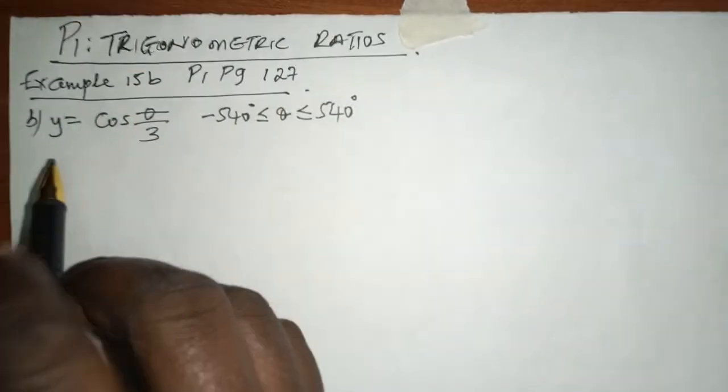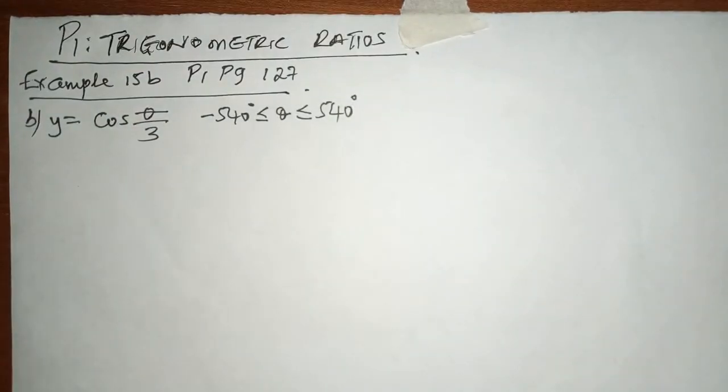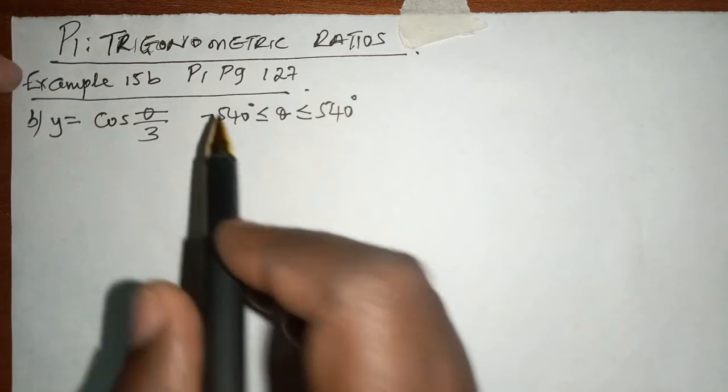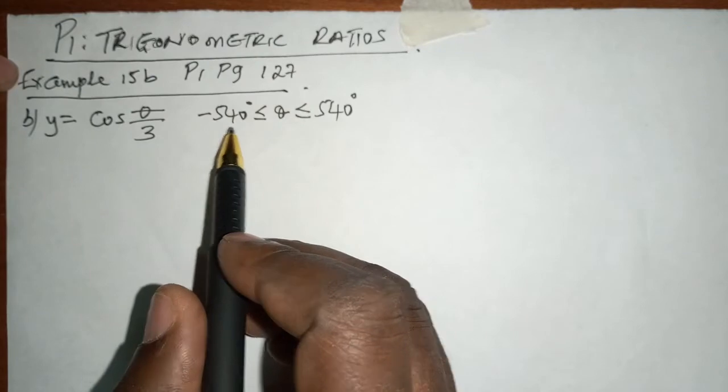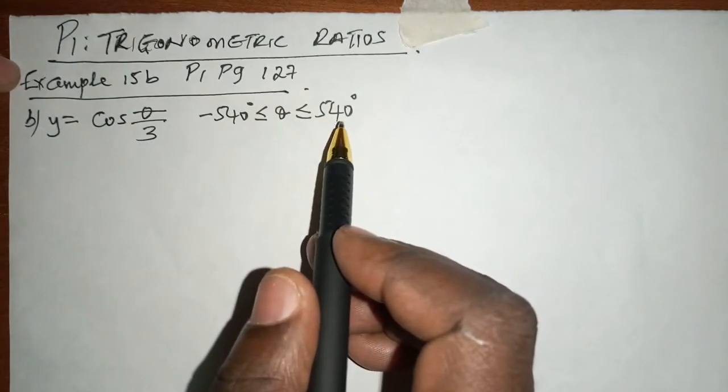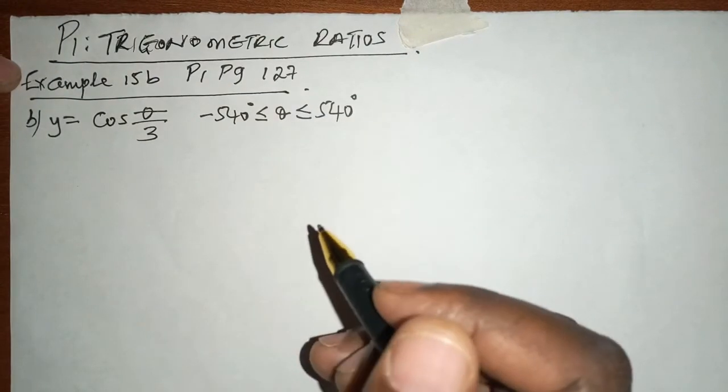The question is: sketch on separate sets of axes the graphs of y equals the cosine of theta over 3, within the range of minus 540 degrees to 540 degrees.